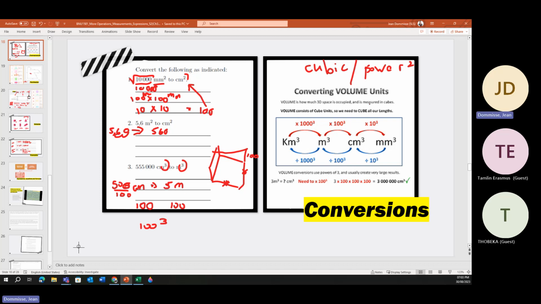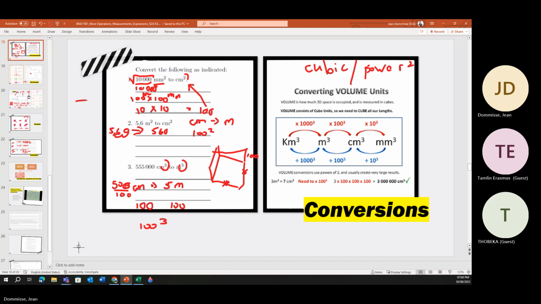Okay, so that is nearly the difference between, so when we're working with areas, instead of it now being divided by 100 to the power of 3, if we moved from centimeters to meters, it would have been 100 to the power of 2. Okay, so that's the difference.